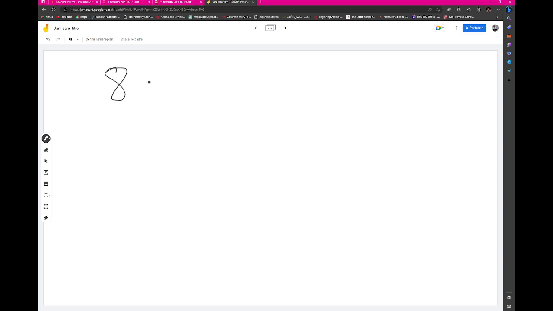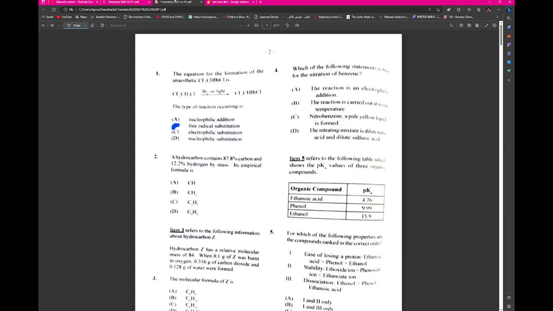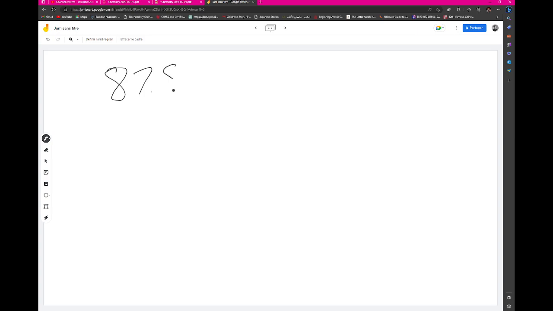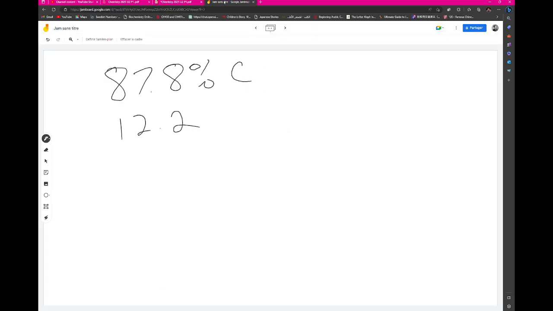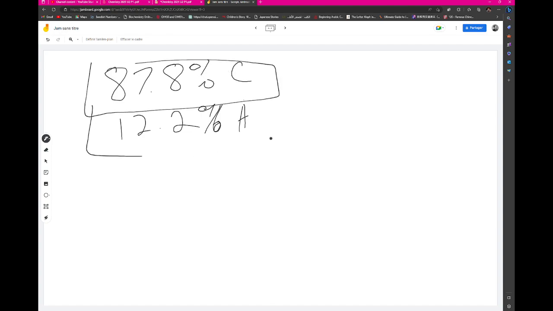We're using 87.8% carbon, and we say we have 12.2% of hydrogen. What we're showing here is that we can just take these percentages as the mass, because if we have a compound, it has to be 100% of the compound.